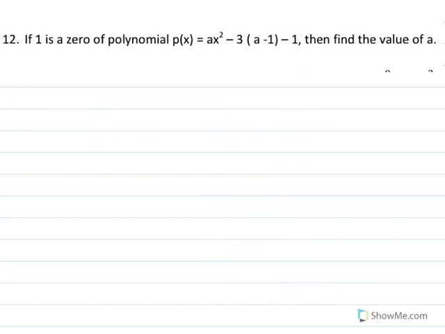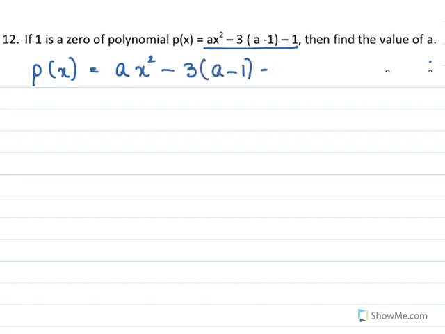If 1 is a 0 of the polynomial, find the value of a. So here is a polynomial p of x, which is ax square minus 3, a minus 1 minus 1. Now they say 1 is a 0. That means we have to find p of 1. Wherever there is x, we need to put 1.